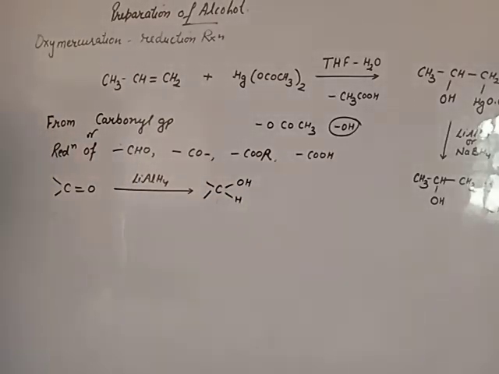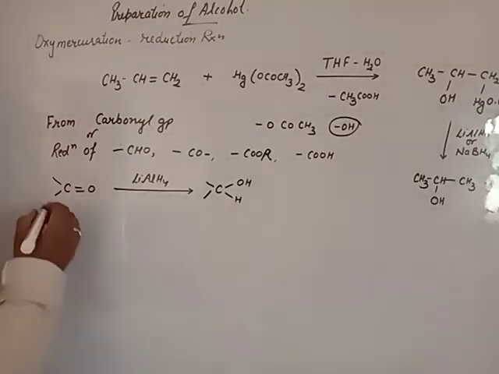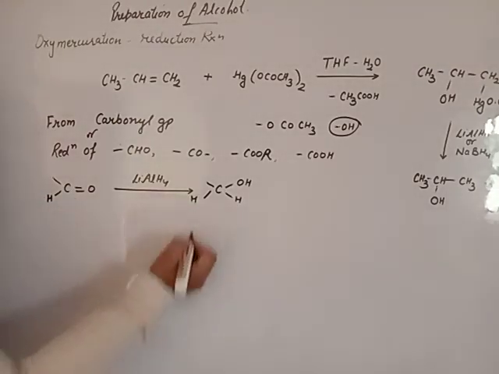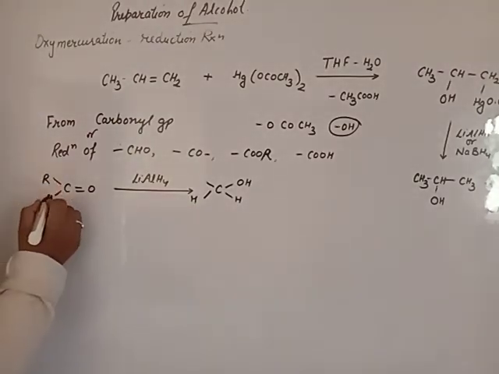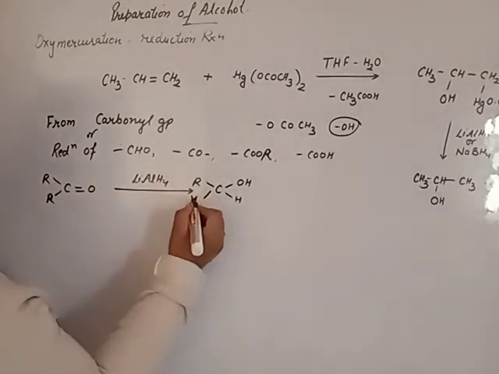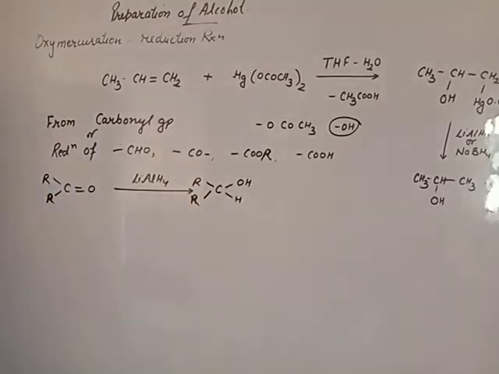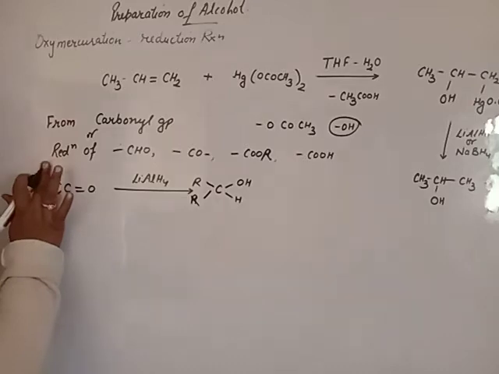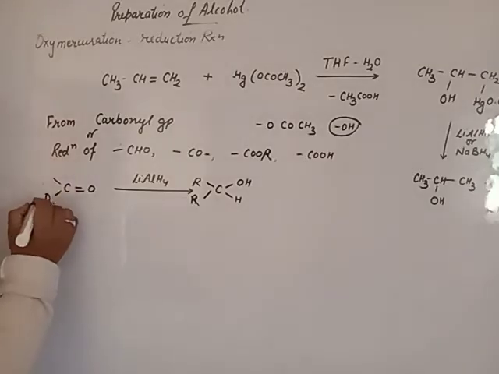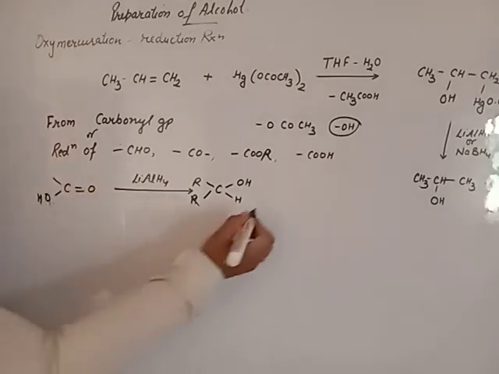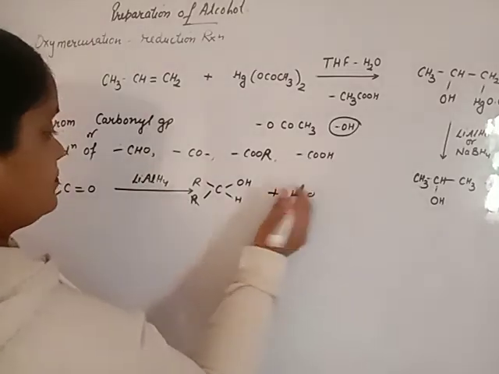Clear? Primary and secondary alcohol can be prepared by this method, but not tertiary alcohol. If we have H, aldehyde, we get primary alcohol; if both are alkyl groups, we get secondary alcohol.